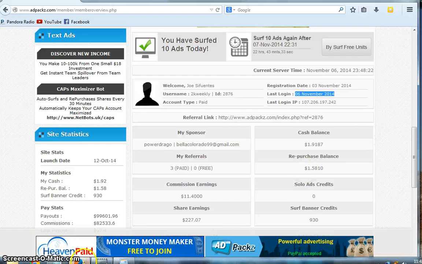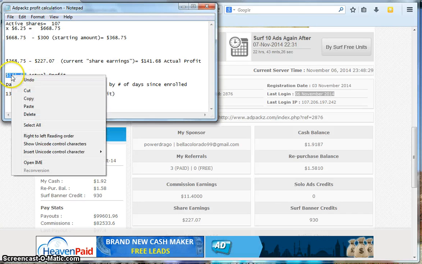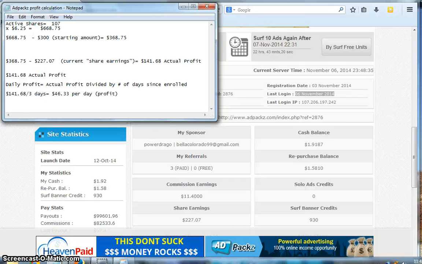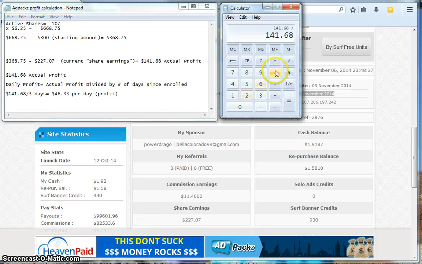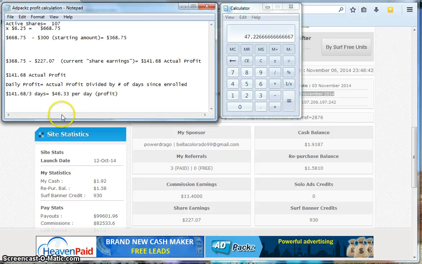So I'm going to take my $141.68 and divide that by 3 days. As you can see, that comes out to a daily profit of $47, and if you round up, 23 cents. Now, that number, if you think about it, is not bad.